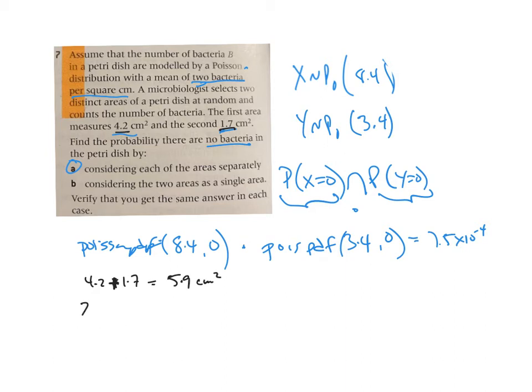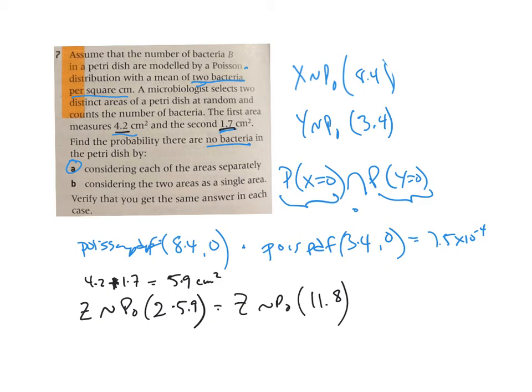And so I'm going to make a new random variable, call it Z, and it's going to be 5.9 times 2 bacteria is what I expect to get, which is the same thing as Z is Poisson, and that's going to be 11.8 as my mean.